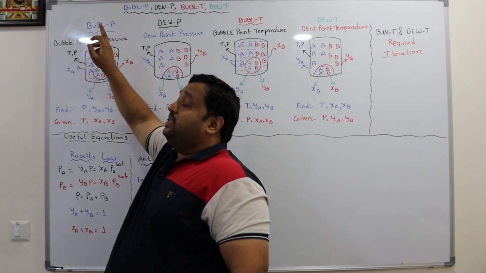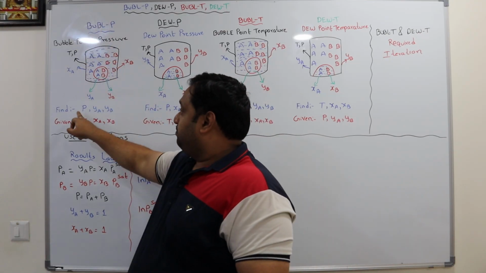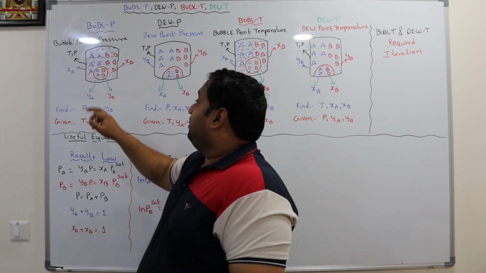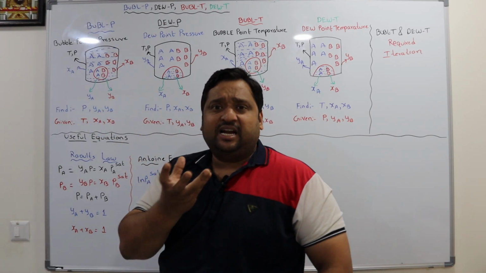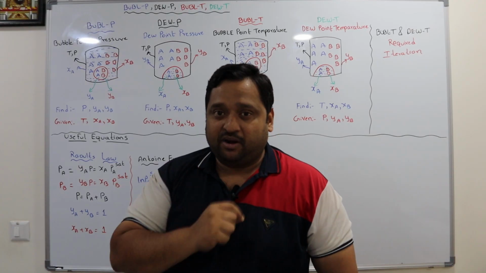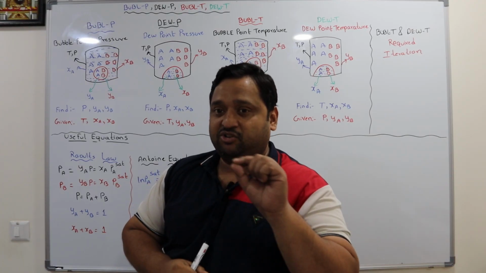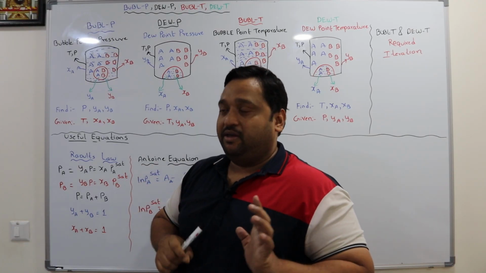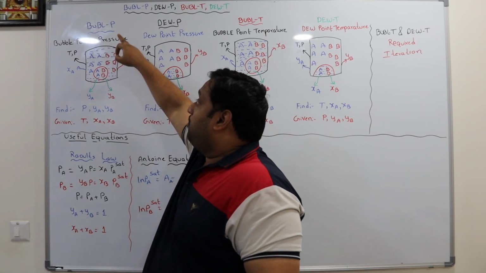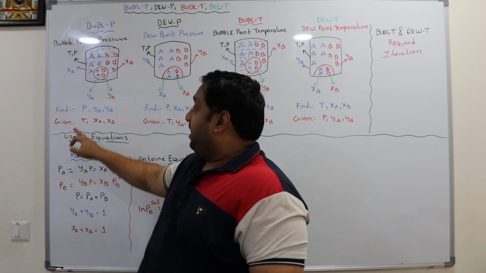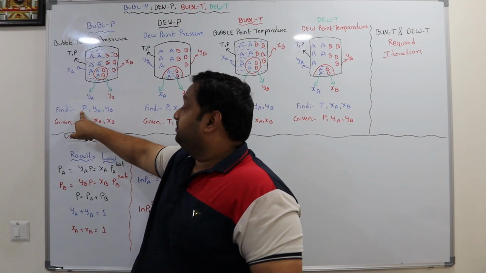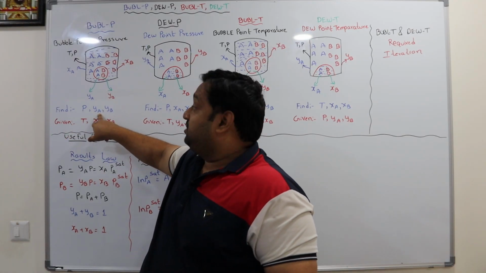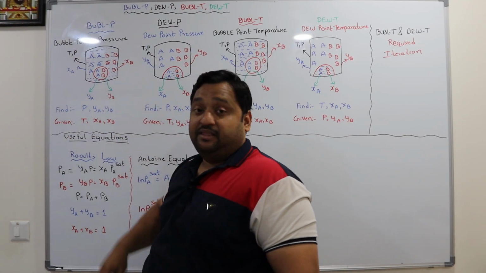Bubble point pressure means you have to find P, and inside the bubble there is vapor, so the fraction of A in the vapor and the fraction of B in the vapor are important. In the bubble point, your objective is to find the bubble point pressure, YA, the fraction of A in the bubble, and YB, the fraction of B in the bubble.